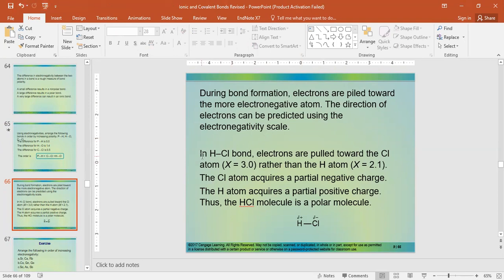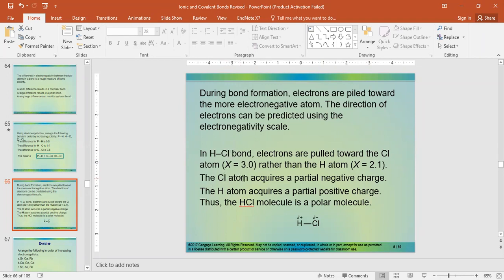For example, when you look at the hydrogen chloride bond, the electrons are pulled more towards the chlorine because it has a higher electronegativity than the hydrogen, because the electronegativity here is 2.1. When you get the difference between the two, you are going to get a particular number. But what I can say is that what is formed here is a polar covalent bond.